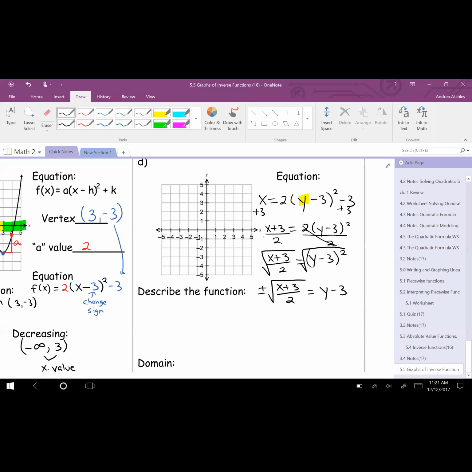Okay, now what? Add 3 to both sides. So I'm going to get this fun equation. y equals plus or minus the square root of x plus 3 over 2, and then outside the radical is a plus 3. And that's my fun equation. Any questions over that?